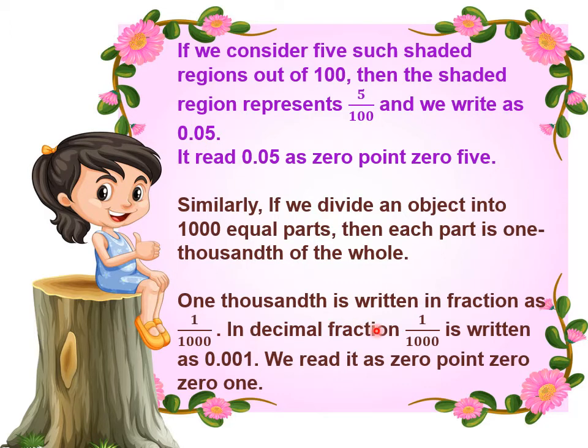In decimal fraction, 1 upon 1000 is written as 0.001. So in 1000, how many zeros are there? 3 zeros. So here we will write after the decimal point 3 digits. So 001. So we read it as 0.001.